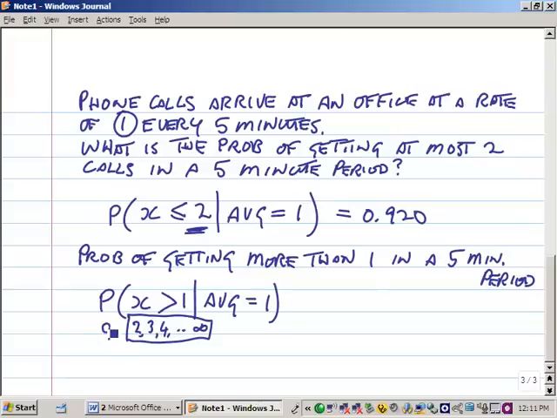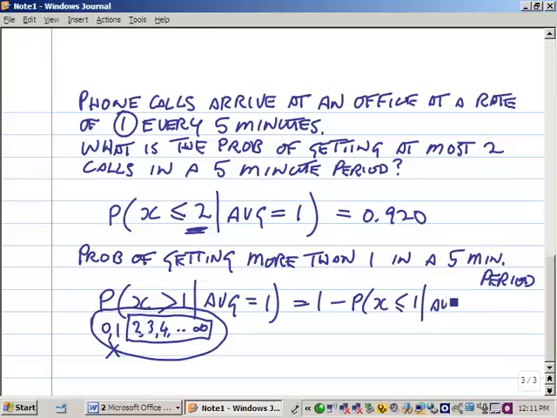The rest of the probability distribution is 0 and 1, so we're going to take everything, which is 1, minus, and then subtract out 0 or 1 occurrence: x less than or equal to 1, average equal to 1. So this works just like the binomial, and it should, because it's just another discrete probability distribution.